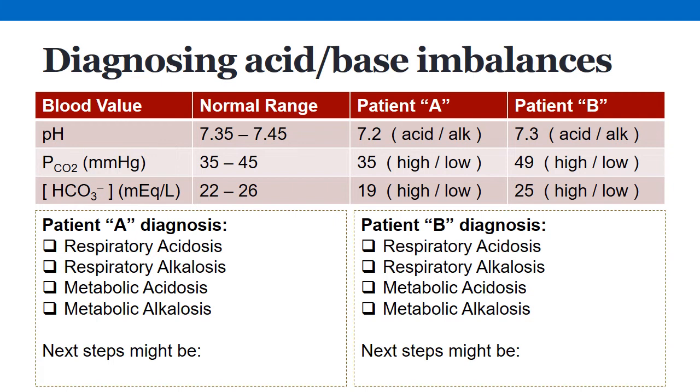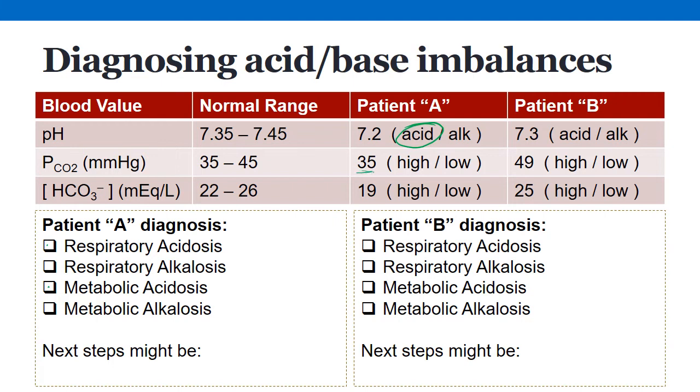Okay, patient A has a pH of 7.2. That's outside the normal range, and that indicates a type of acidosis. So it's going to be either respiratory or metabolic acidosis, but we have to figure out which one. So we look at the PCO2. 35 is low, but it's still in the normal range.